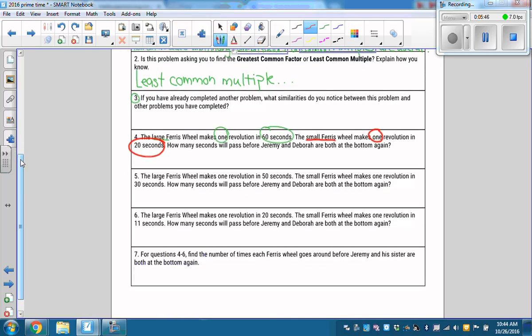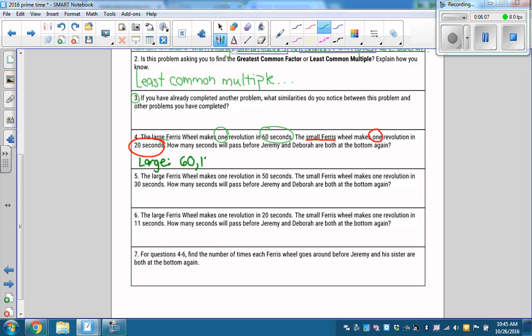So if we look at the large Ferris wheel, every 60 seconds, the Ferris wheel goes around. So Jeremy will be at the bottom after 60 seconds.